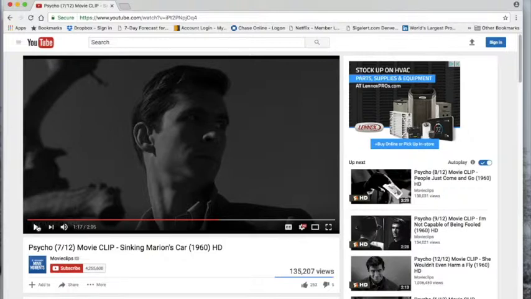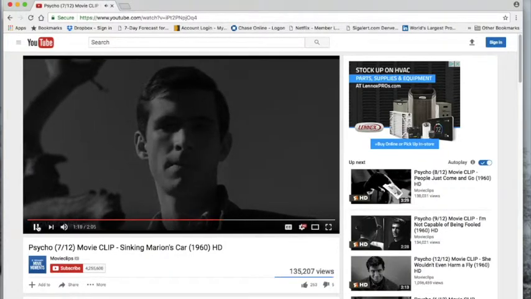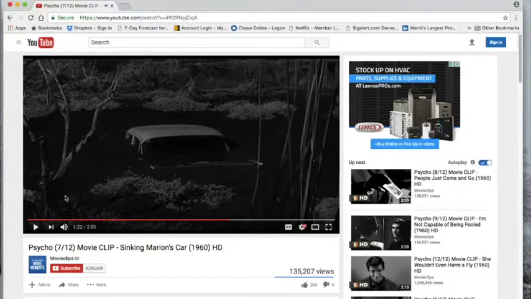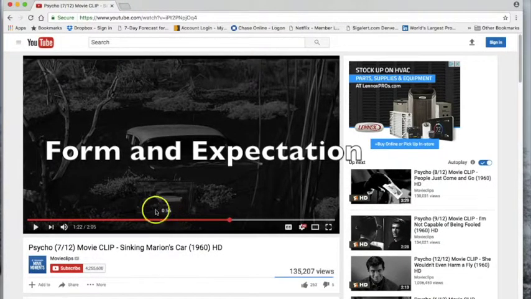And another thing is, with this use of cutting, it illustrates something from your text in chapter 5, where they talk about film form, and form and expectations.